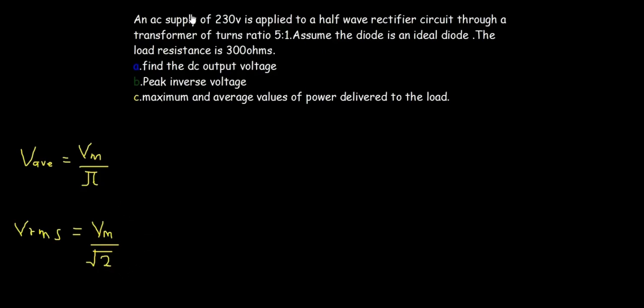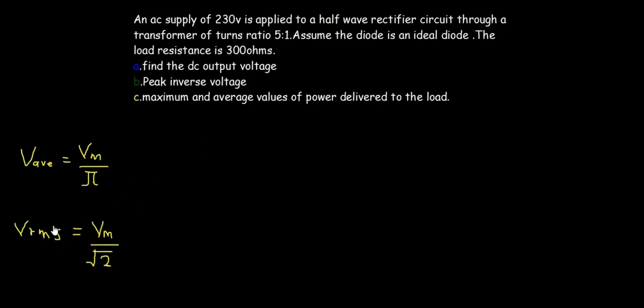Okay, so let's go ahead. Now you see that the transformer has a primary side and then the secondary side. Before you can get this VRMS, you must find the voltage at the secondary side, and that voltage will be the VRMS value here. So how are you going to find that?